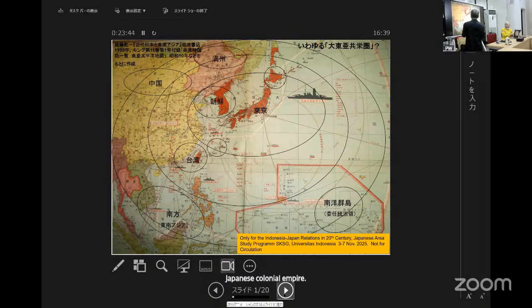And through this process, Japan tried to penetrate northward. And later, I want to discuss Norakuro.